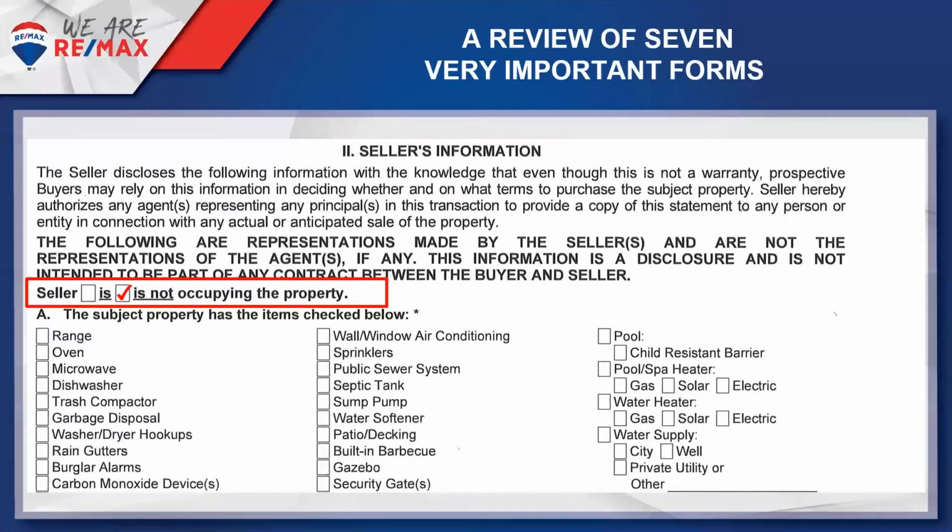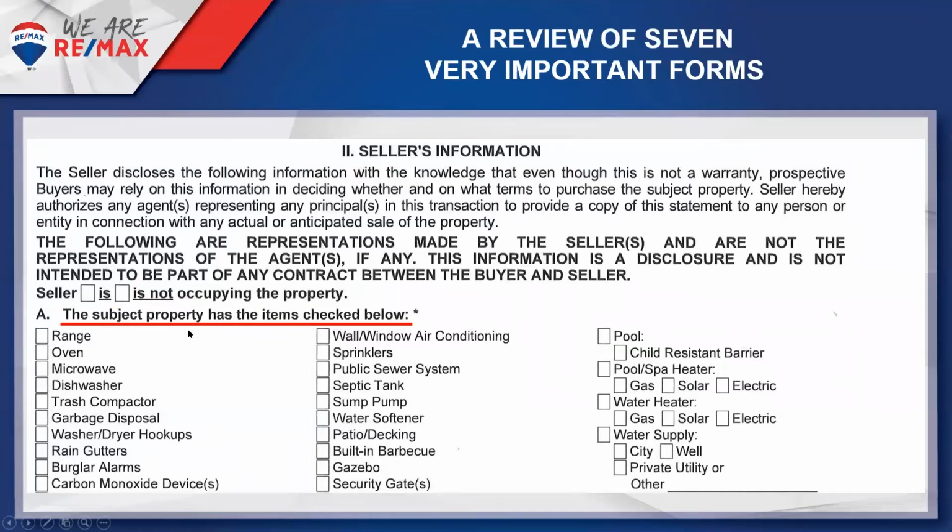If a seller's never lived in the property, they may not know if there's a problem with some of this stuff because they don't live in the property. And so a buyer should be advised that the seller may not be able to make a good representation on whether he's aware of a problem. He can make a representation whether he's aware or not, but he may not be aware of something that is a problem that if he lived in the property, he would be aware of. Hope I didn't mumble through that too quickly.